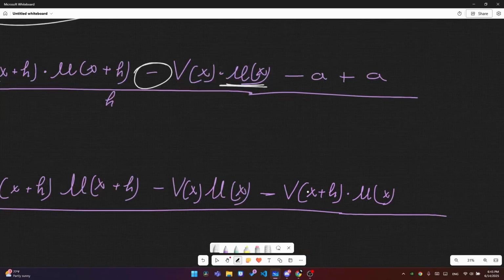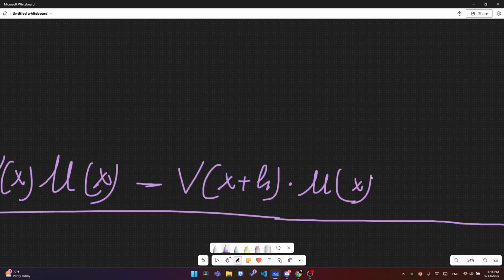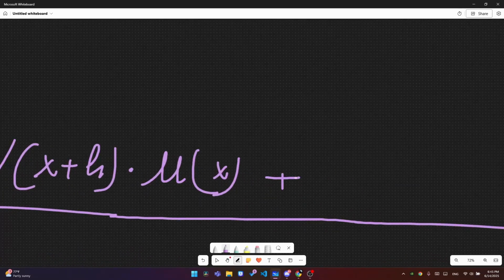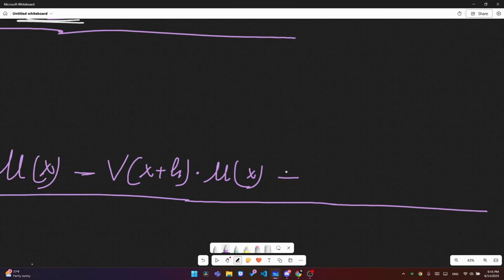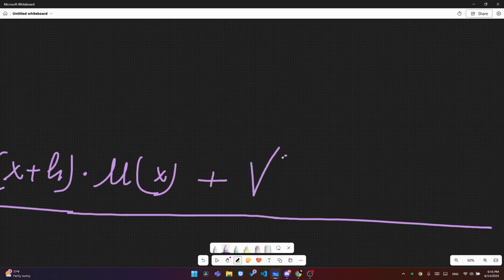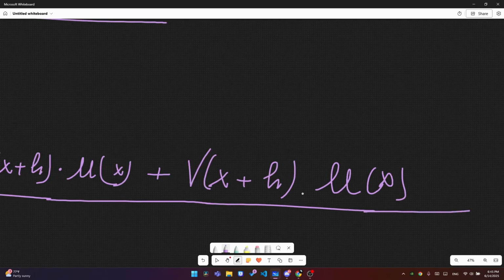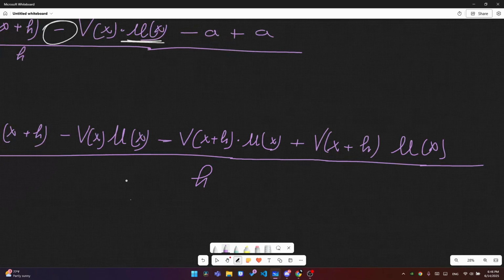I'll show that in a second, but I'm getting way too ahead of myself, so bear with me. I also need to add the same thing with the sign flipped so it cancels out, so we get v of x plus h multiplied by u sub x, all over h, of course.